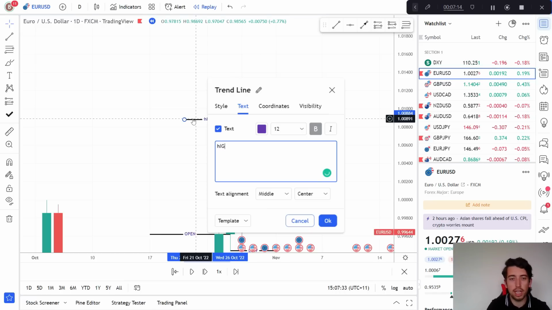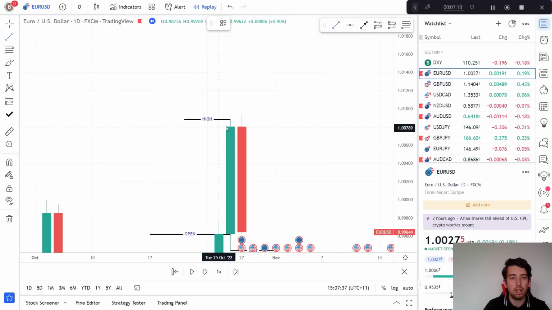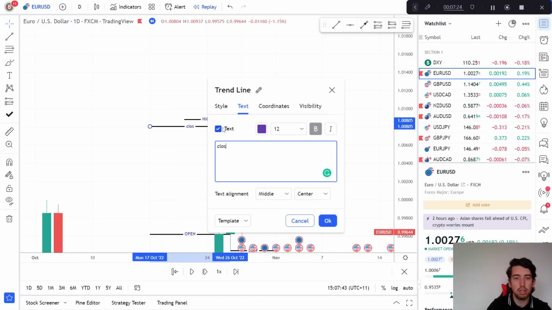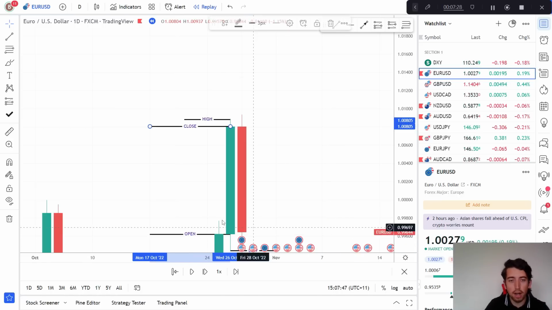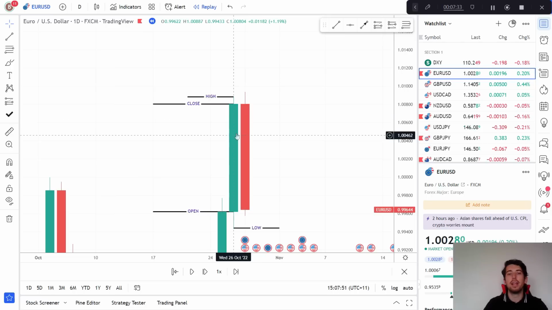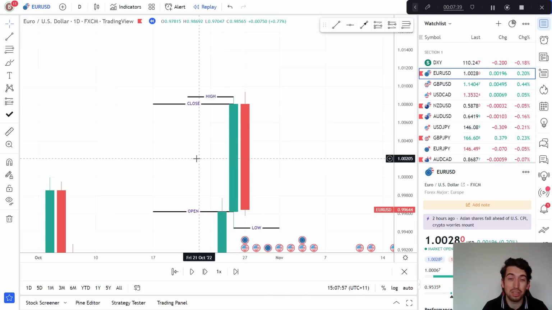Which only leaves one more thing. Apologies for my spelling, guys. Right here is the close. Now this is the close because it always has to be above the open for an up candlestick, right? It's just that the colors are switched around. I know, a little bit confusing. I could have changed it around, but green makes a lot more sense for going up.